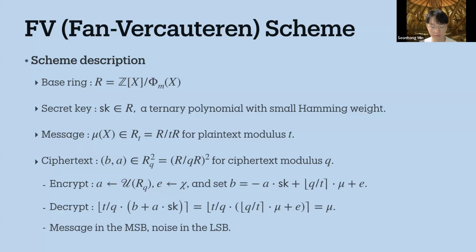And then we have the ciphertext. It has the form of a tuple over the quotient ring R_Q squared, for some ciphertext modulus Q. To encrypt an FV ciphertext, we first sample A from the uniform distribution over R_Q and E from some small error distribution, and we set B equals minus A times sk, the secret key, plus the rounding of Q over t times mu, plus E. To decrypt, we can simply compute the rounding of t over Q times B plus A times the secret key.